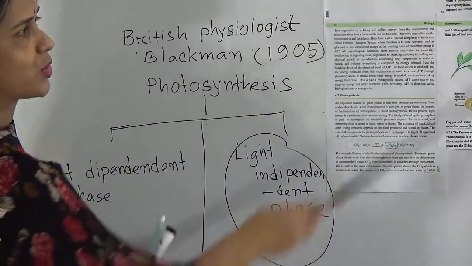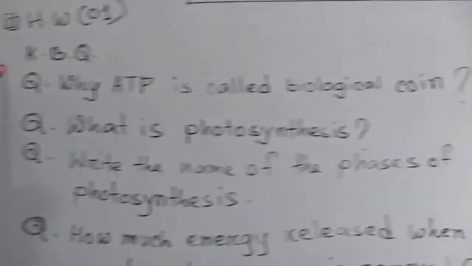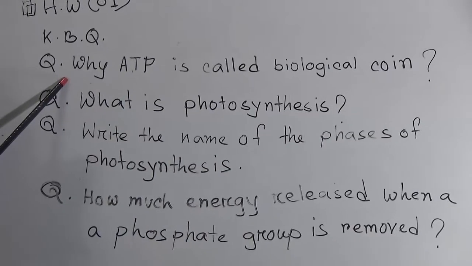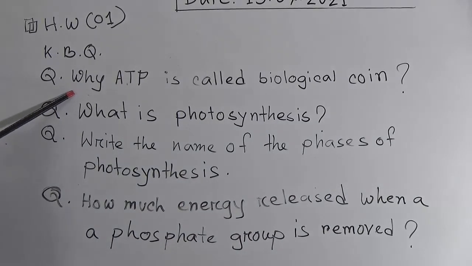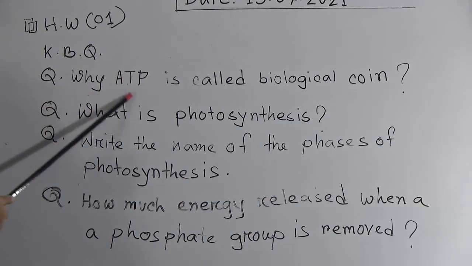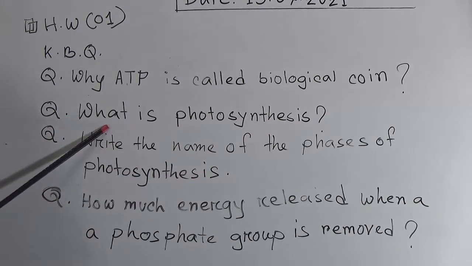Dear students, coming to your today's homework. This will be your homework number 1. All are knowledge based questions. You have to write the answers. Why is ATP called biological coin? What is photosynthesis?